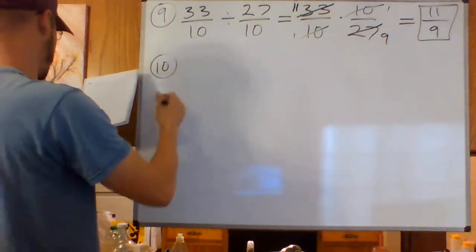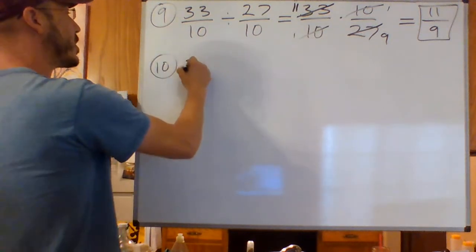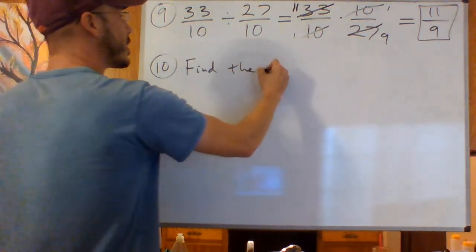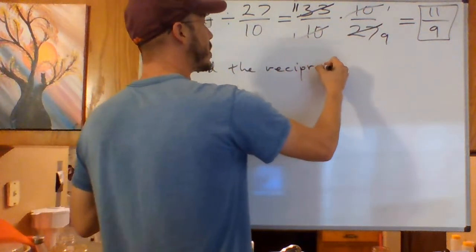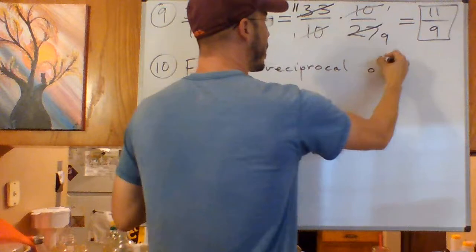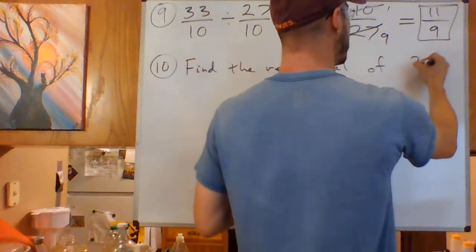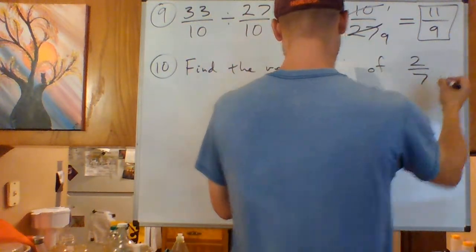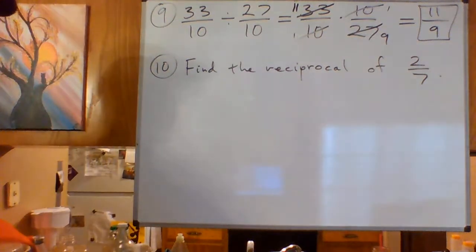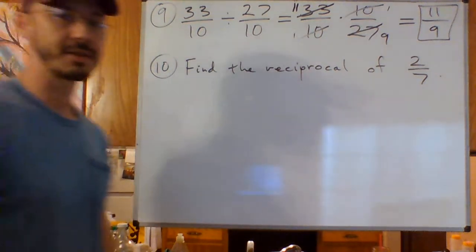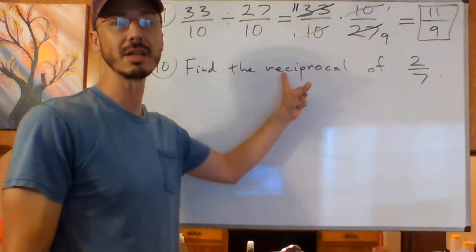10 says to find the reciprocal of 2/7. And it's kind of math here, but it's really just the understanding this term here.